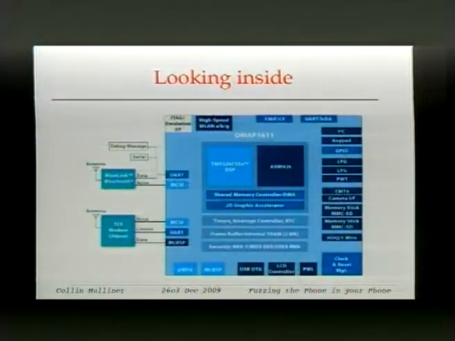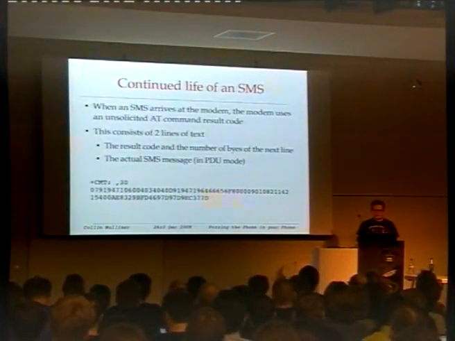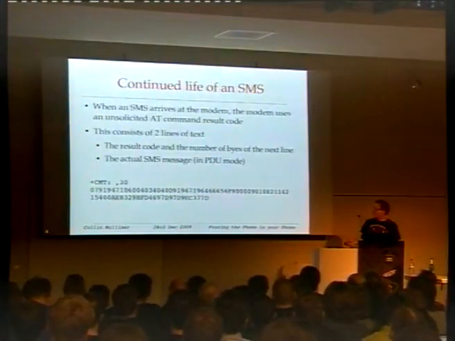So this is just some arbitrary CPU from Texas Instruments, which is your big CPU which runs your OS, and then you have your modem down here. And you see, by default, you have this UART, a serial line where you can actually talk to the modem. So when an actual SMS comes in, it's received by the modem, decoded, and then the modem just dumps out these two lines.